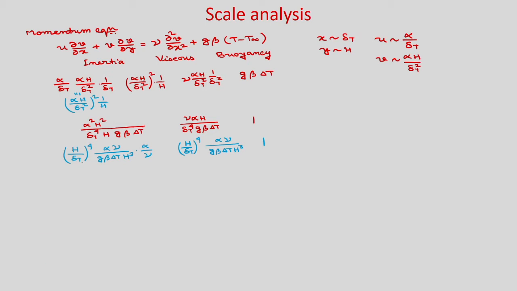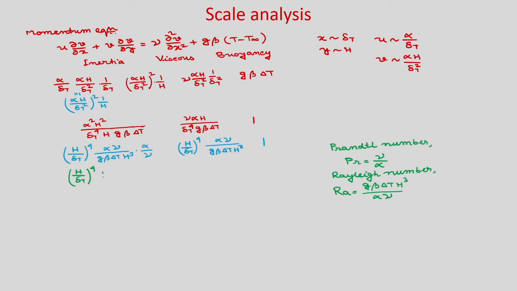So, you can see, you can write it as, now Prandtl number, you know, right, what is the Prandtl number? So, Prandtl number you can write nu by alpha, and we will define another non-dimensional number, that is known as Rayleigh number. So, Rayleigh number we are defining as g beta delta t h cube by alpha nu. So, what you can do now, this you can write as h by delta t to the power 4.